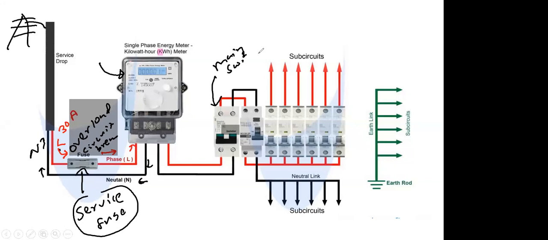Imagine if someone gets electrocuted in your house, you have to immediately disconnect the supply from this. I don't know how many of you know where the main switch is in your house. Everyone in the house should know where the main switch, or the isolator, is.